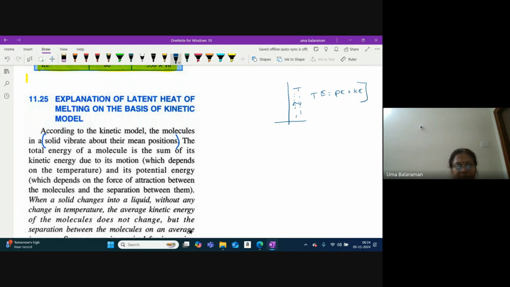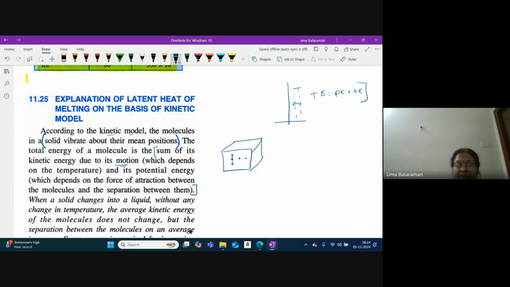In the same way, according to kinetic model, if you take an ice cube, it's made up of many molecules. So they vibrate about their mean position, even in solid form. The total energy of a molecule is the sum of kinetic energy due to motion and potential energy due to force of attraction.